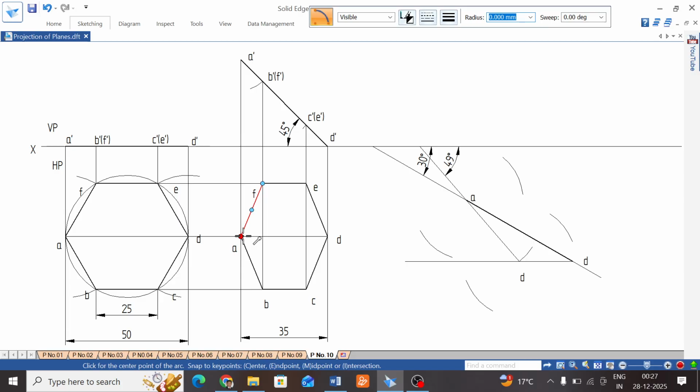A is the center. To get A to E, it is the radius, it will come 34. You cut this and same radius 34, you cut it this side, and again D is the center, 34, you cut it.